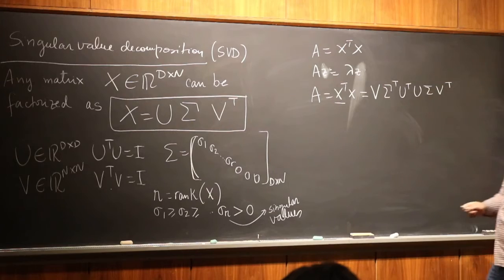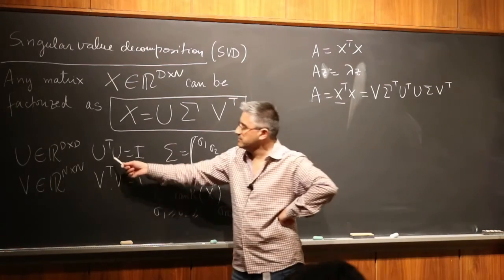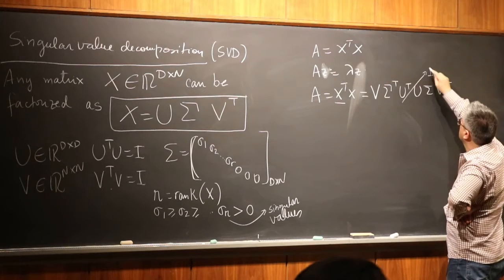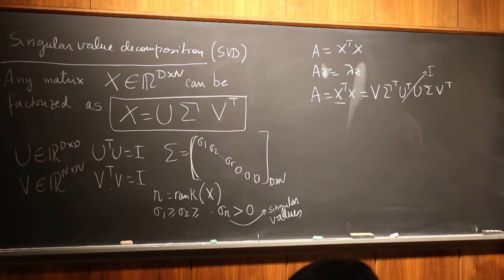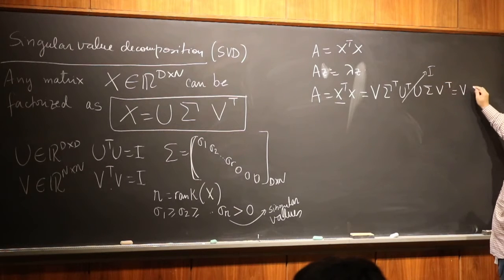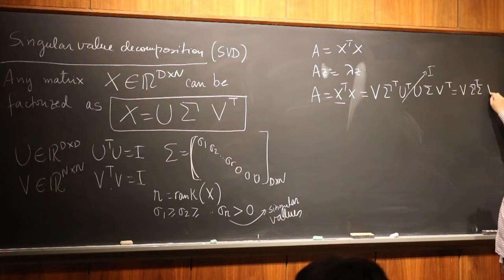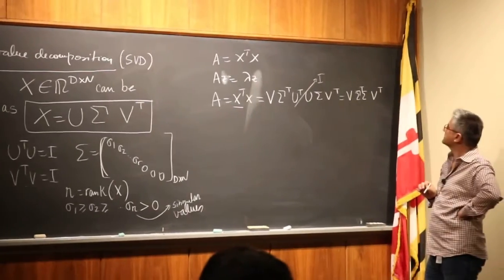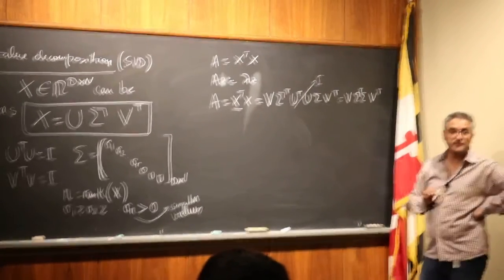Because of the property that U transpose U is equal to the identity, this is the identity. So what I'm going to get here is V, sigma transpose sigma, and then V transpose. Okay? Agreed?